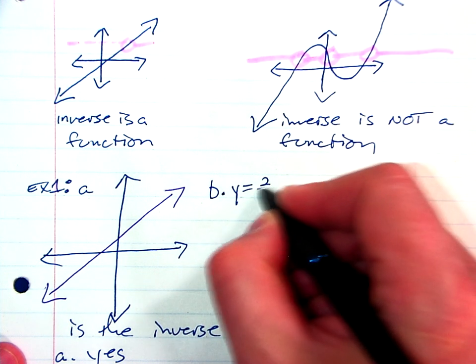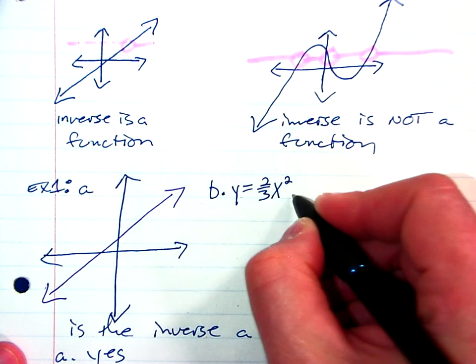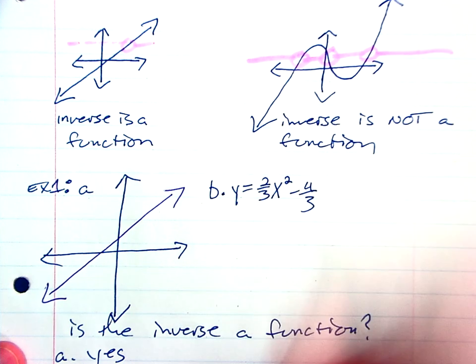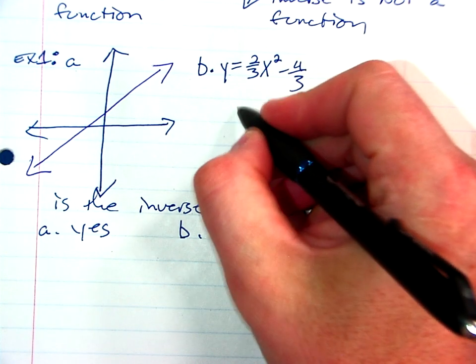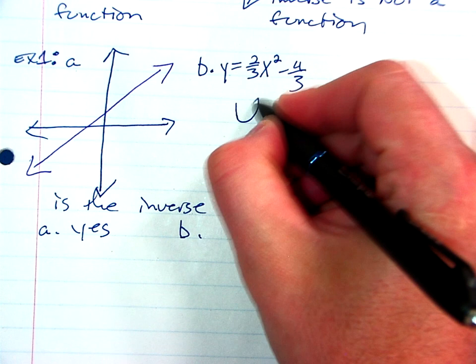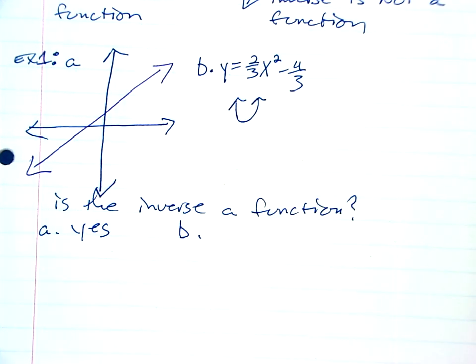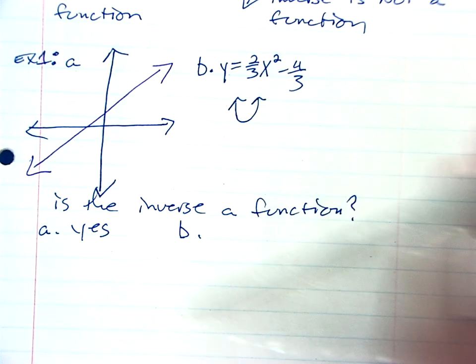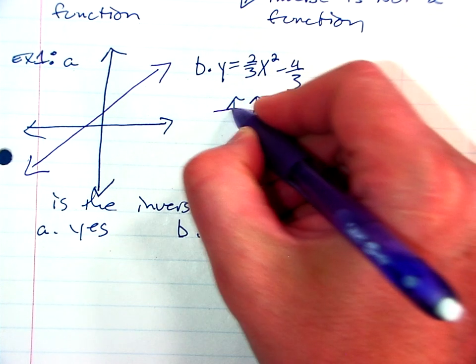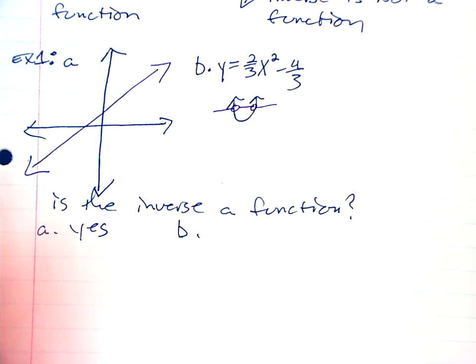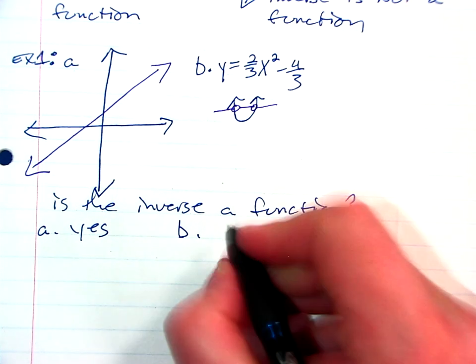Y equals 2/3 x squared minus 4/3. First thing we need to identify is what kind of graph is B? Quadratic. So what shape is a quadratic? It's a U-shaped graph, correct? So it looks like that. It's a parabola. So does it pass the horizontal line test? How many times does it cross? It crosses once, it crosses twice, so that answer would be no.